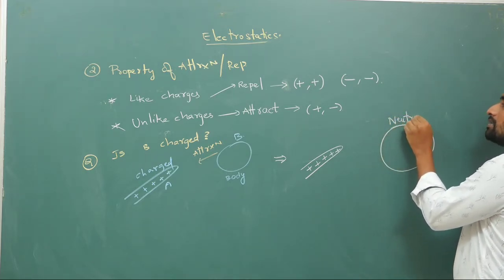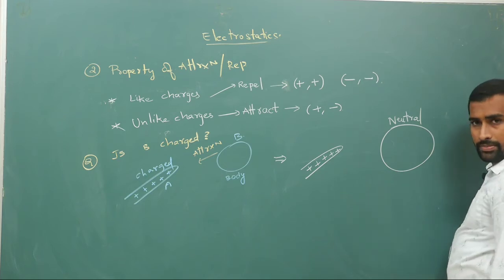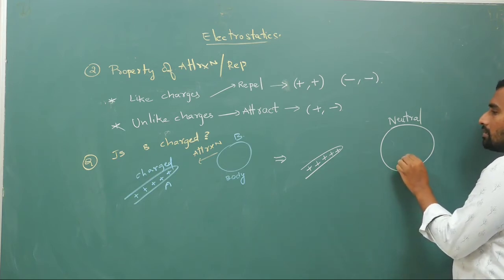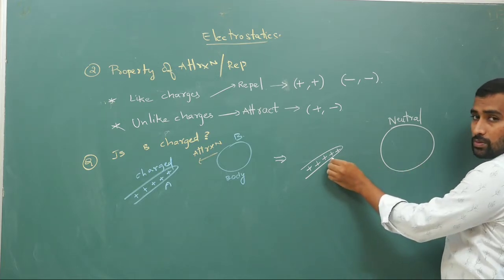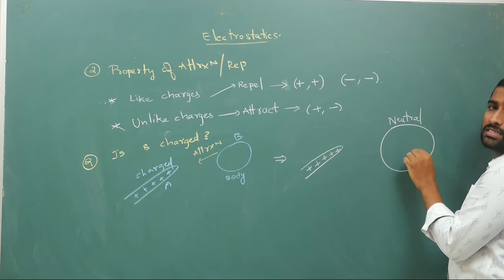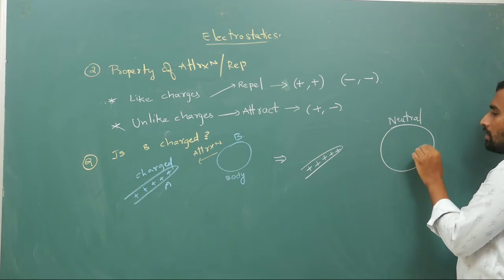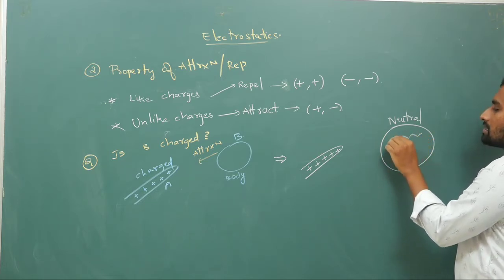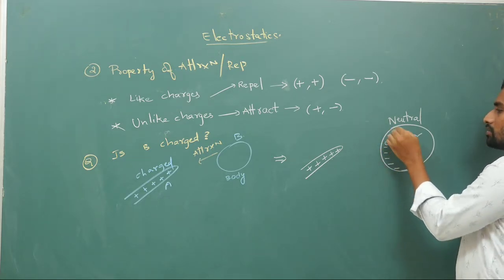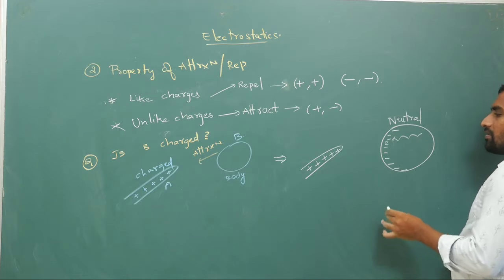This is a positive charge. Now there will be some valence electrons in this body, so valence electrons will start shifting to this side because of induction.